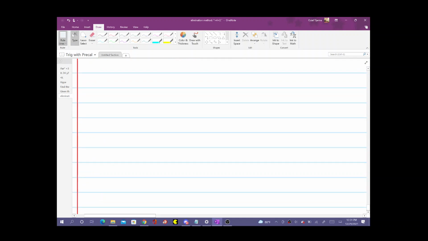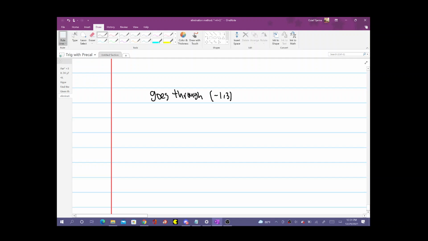So we can do y minus y1, if we want point slope form, that is. We have y minus y1 equals m times x minus x1. It has a slope of negative 1/7, so m equals negative 1/7.